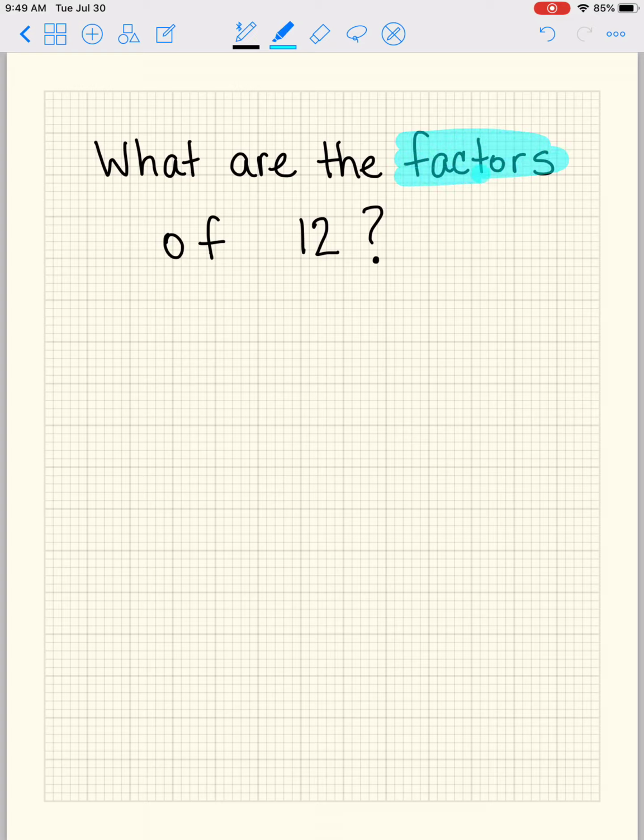What are the factors of 12? So what we want to look at, and this is kind of the strategy for finding factors, is we want to think about what number times what number can give you 12.